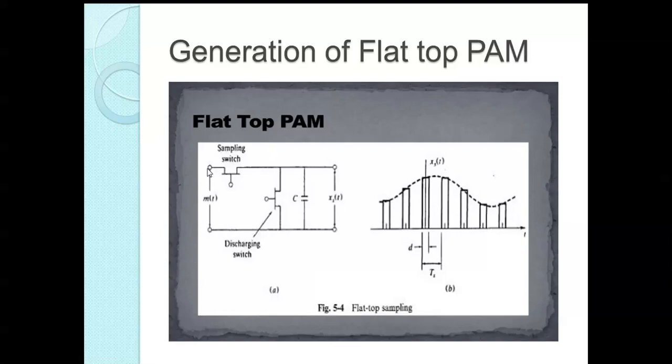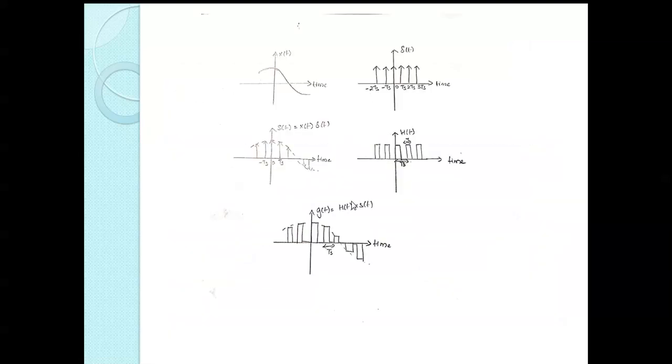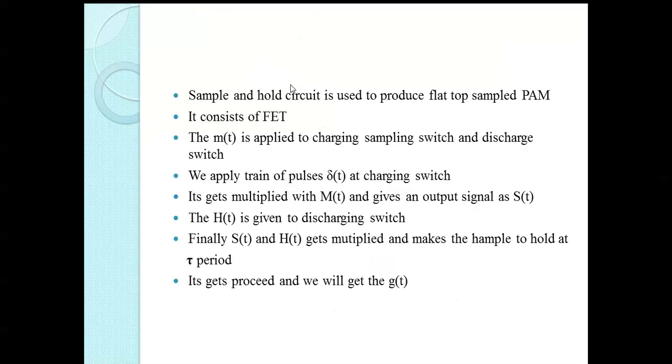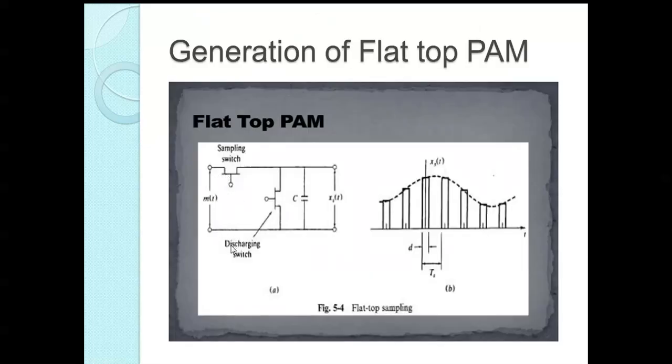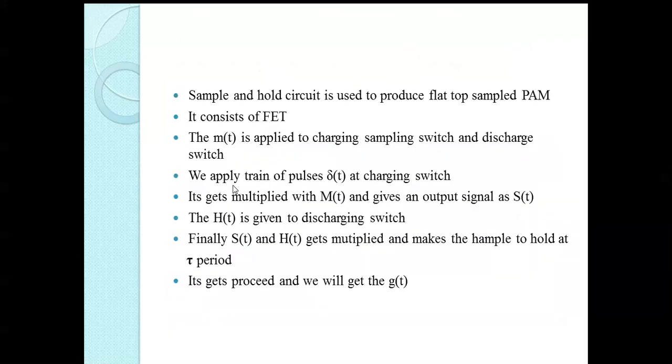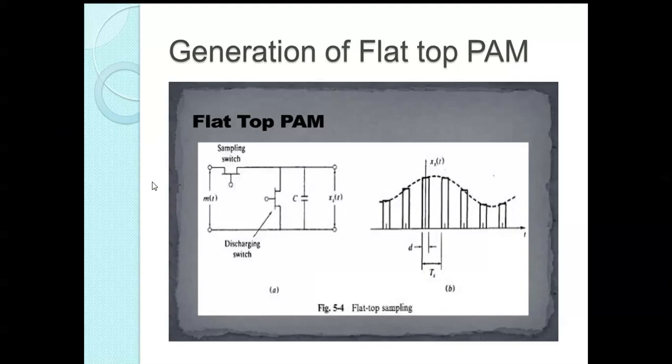Here I'm giving my input signal, and you can see two FETs and a capacitor, and here will be my output. How the processing actually occurs: first consider this diagram. I'm considering my input signal, which I'll be giving here as my input signal, and in these two FET positions, first I'll be giving the discrete samples.